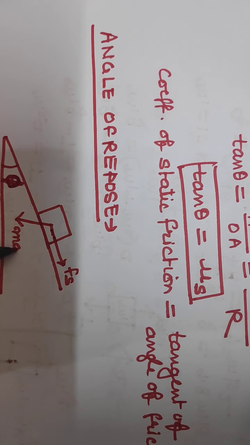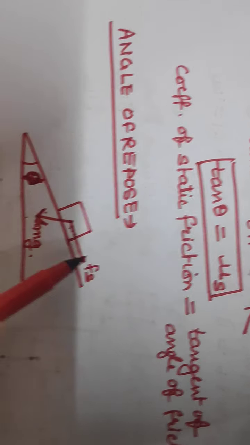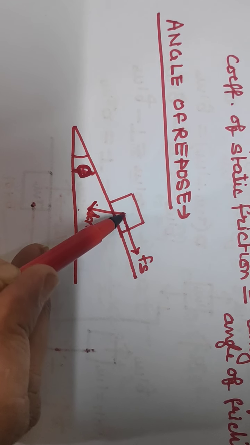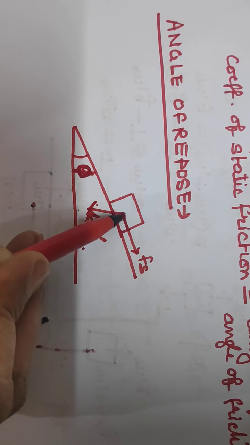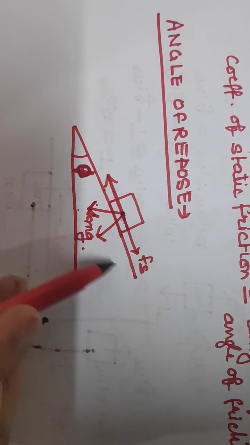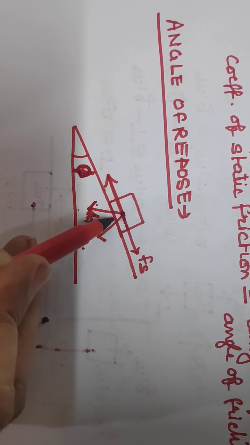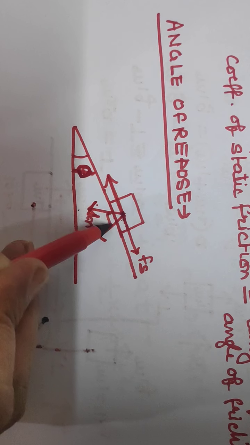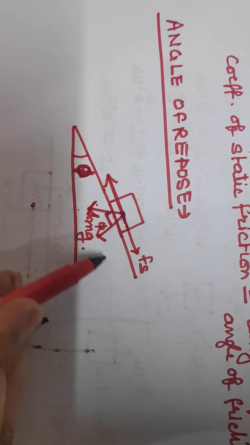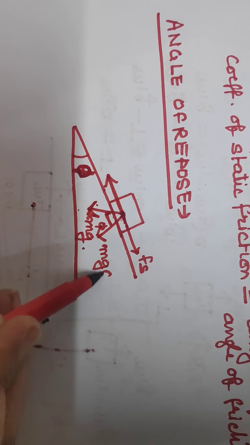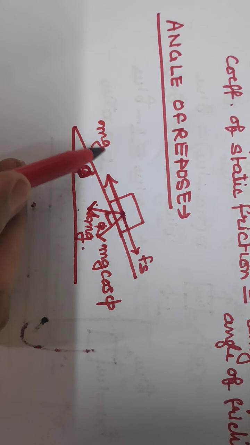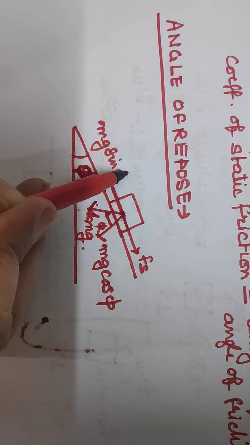This is the weight. Now we take two components of this, this is a vector quantity. One is this one and the other is this. So this angle is phi. This angle will also be phi. So this will be mg cos phi and this will be mg sin phi.